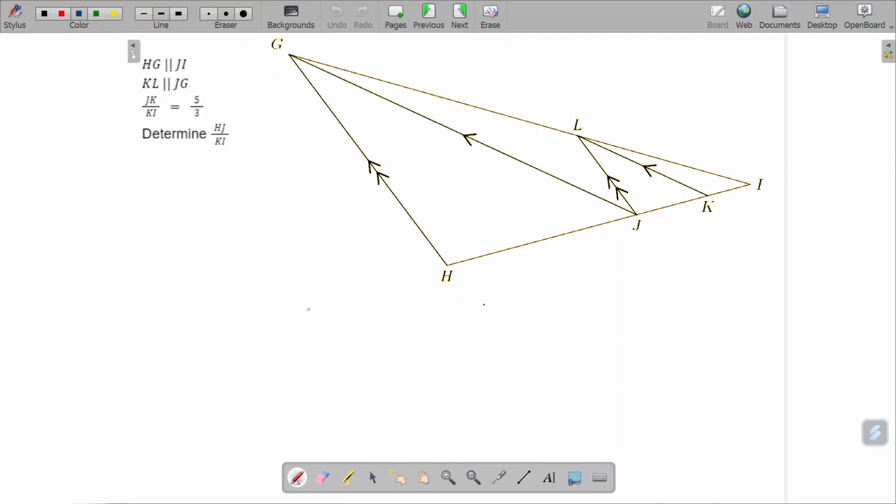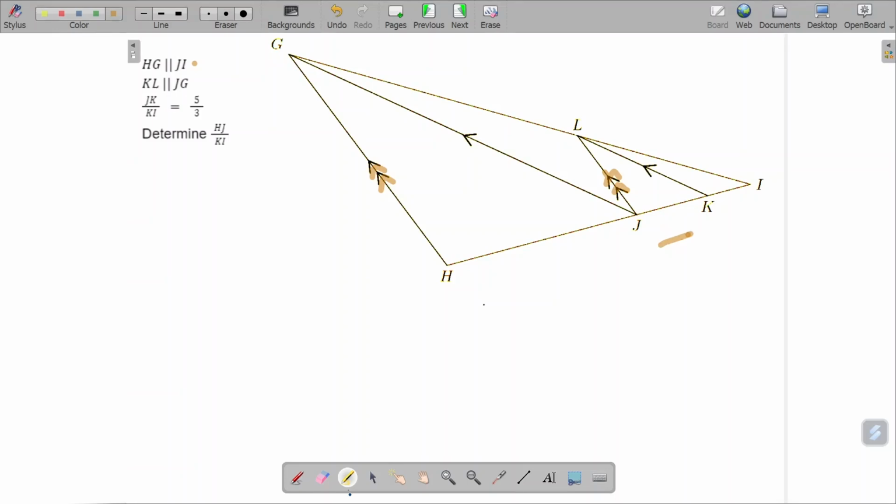It says to me that we have this triangle where the first pair of lines are parallel. I'm going to mark that in orange. HG is parallel to, and again, were we to have been back in grade 8, I would immediately jump to parallel lines meaning that I have alternate, corresponding or co-interior angles in play.